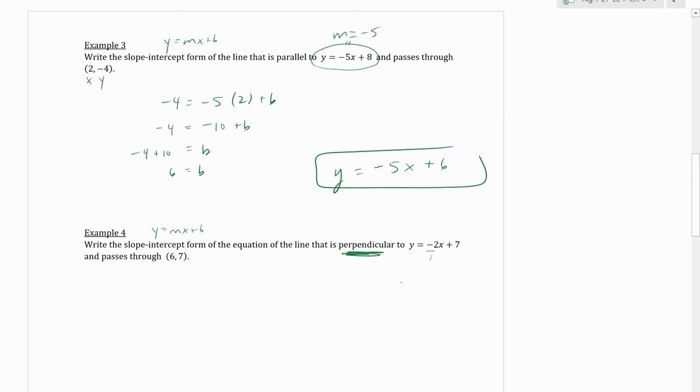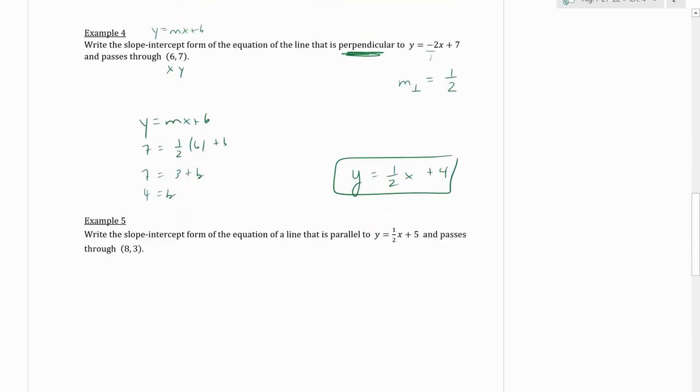Slope of this is negative 2 over 1. The slope of a perpendicular line is going to be positive 1 over 2. Here's my point it has to go through. Y equals the m times the x plus b. Half of 6 is 3. Subtract 3 from both sides. There's the equation of my line.